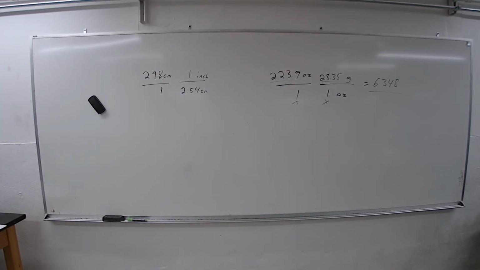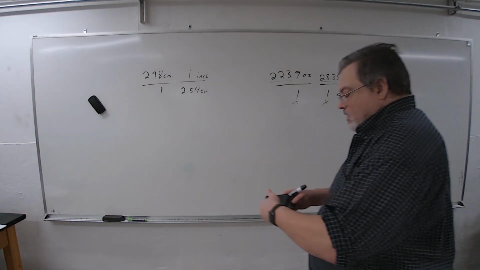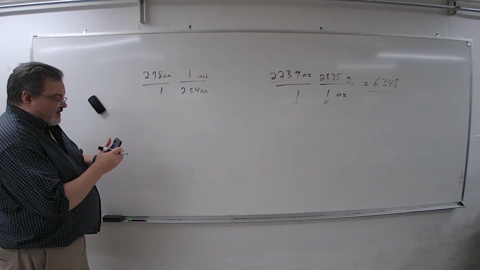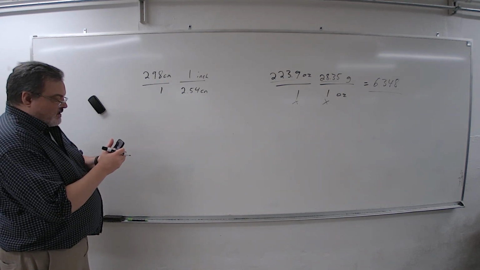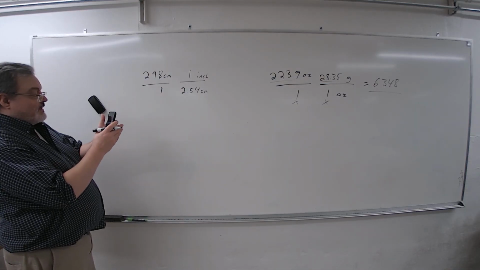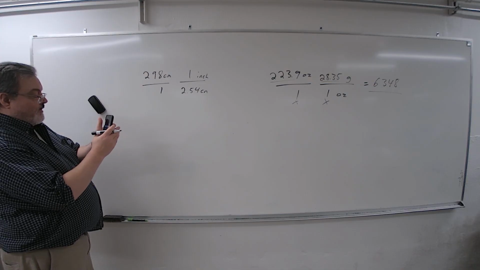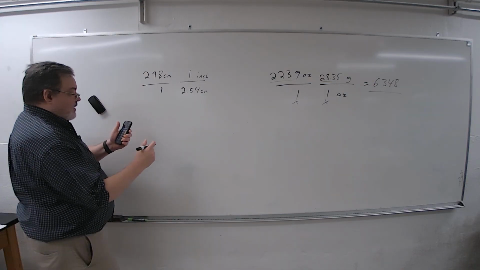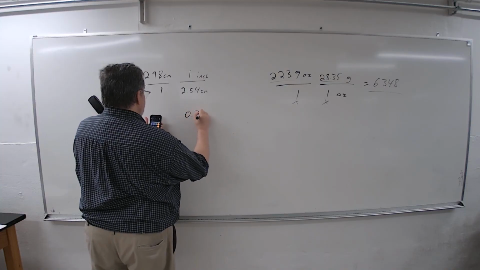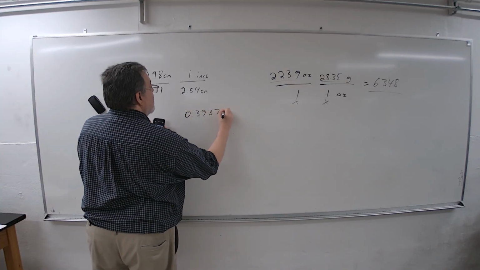Back there in the help pages. Yeah. Do you have that? That's essentially 1 divided by 2.54. 3937, is that what it is? Yes.